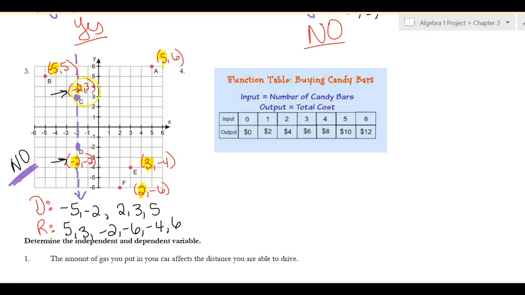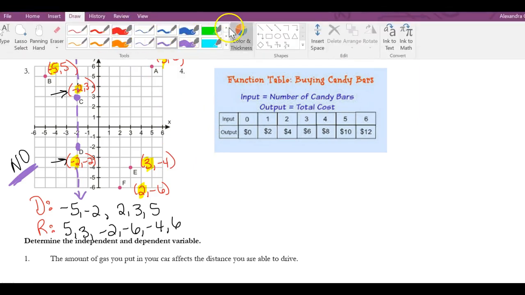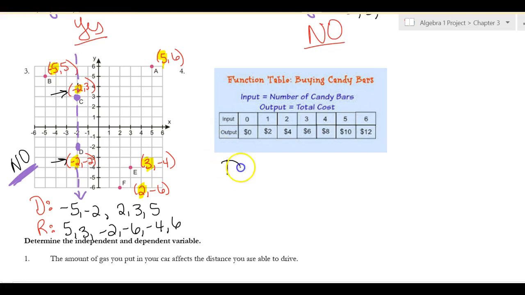All right, for number 4, we're talking about candy bars and cost. So let's start off by figuring out what our domain is. And remember, domain is the x. And if you can't tell which is which, it's always the first one. And remember, it's the one that controls it. So the number of candy bars is what controls the cost. So that's why domain is x.